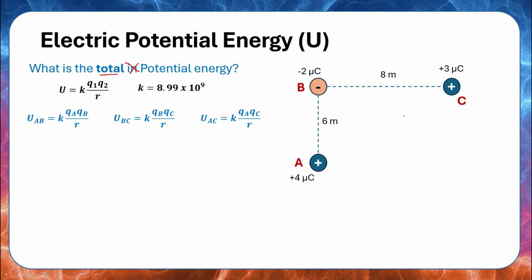So it means the distance between A and C is the hypotenuse of the right triangle, and we're going to use the distance formula or the Pythagorean theorem, which is C squared equals A squared plus B squared. And you need to take the square root to find the hypotenuse afterwards.